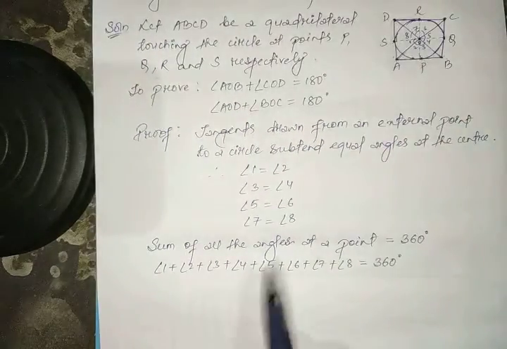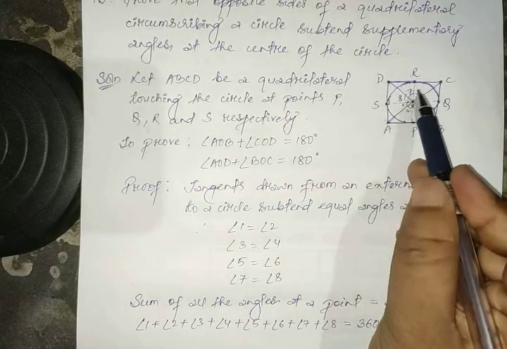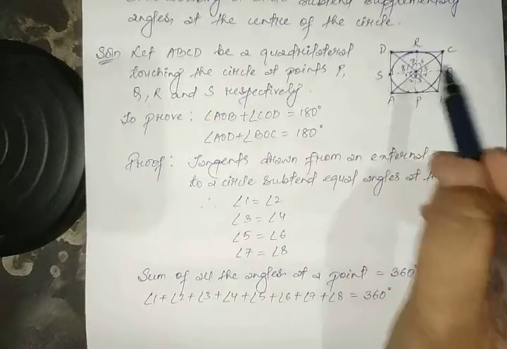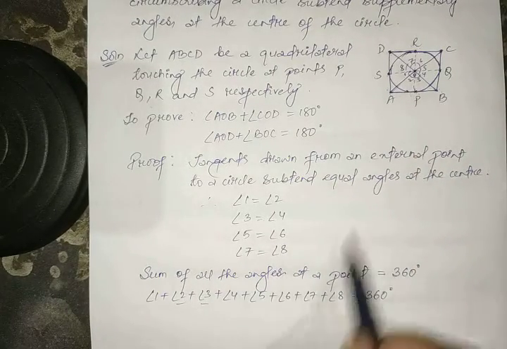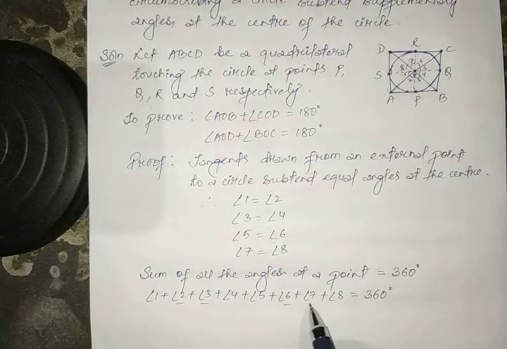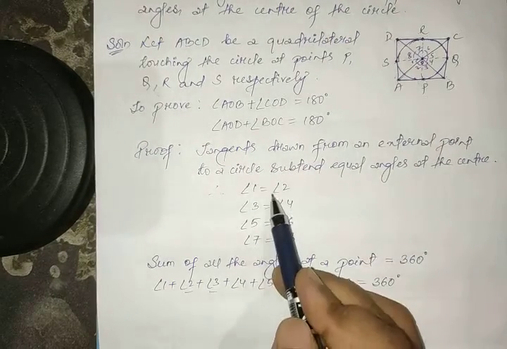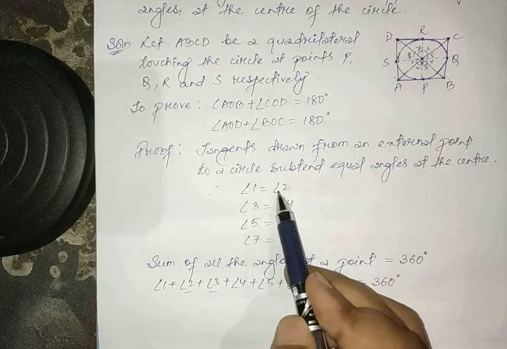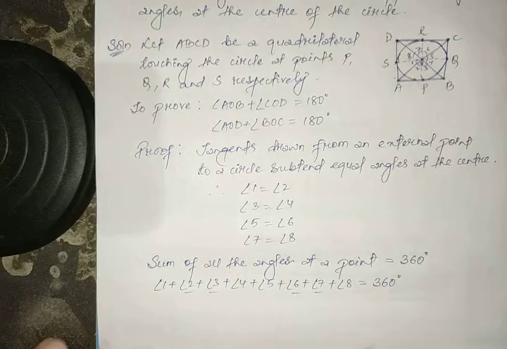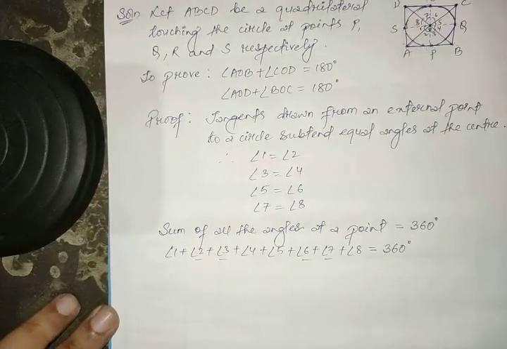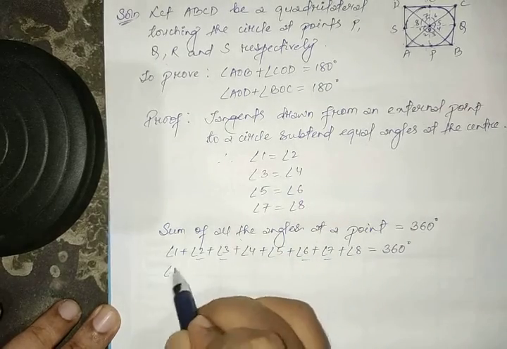So what we'll do is keep these four angles, 2, 3, 6 and 7, as they are, and the remaining angles we will change. Angle 1 is equal to angle 2, so in place of angle 1 we'll write angle 2.